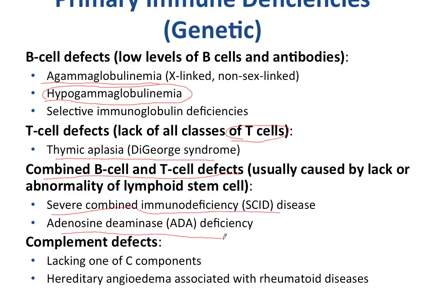Complement defect: the patient will not have the complements, for example hereditary angioedema. This is an example of complement defects.